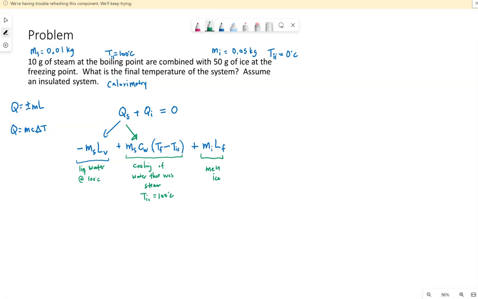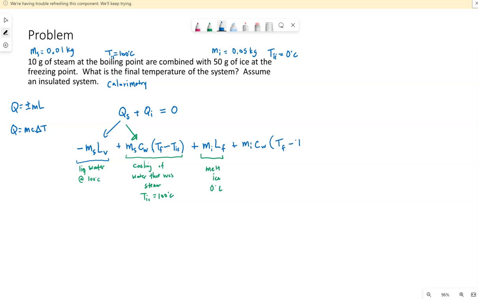But once this ice is melted, it's going to be at 0 degrees Celsius still. m times L is only the amount of energy that is going into changing phase. It is not any energy going into changing temperature.